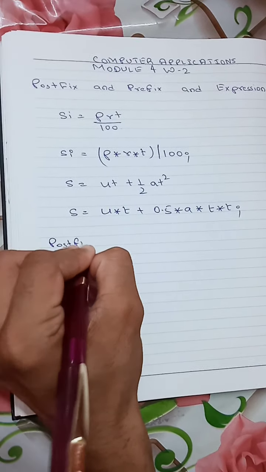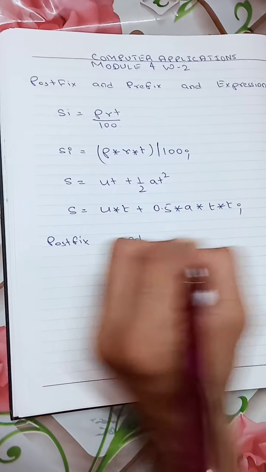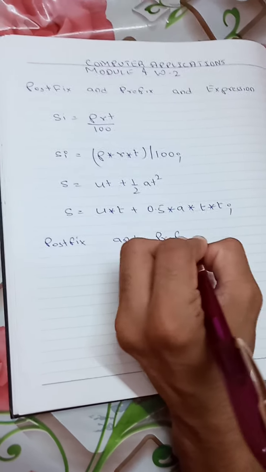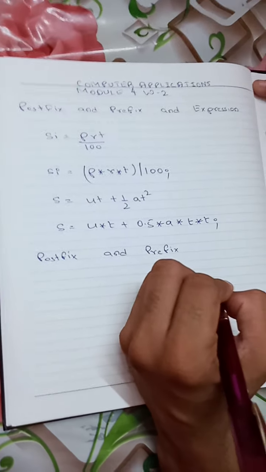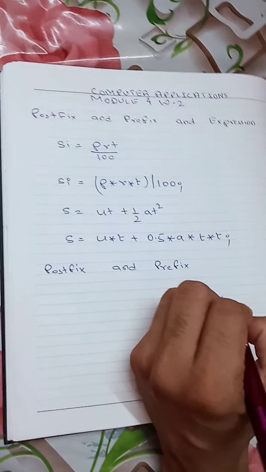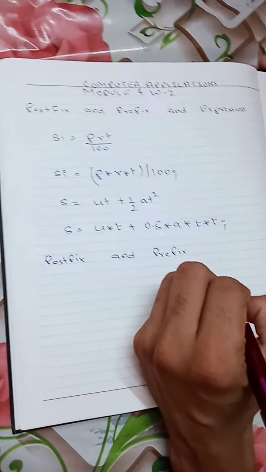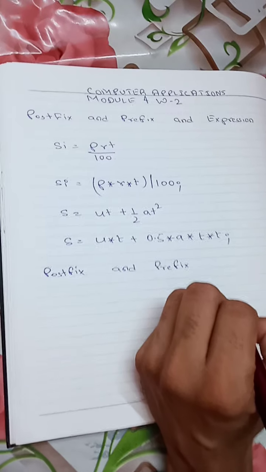Postfix, as we have done last week, under operators we have one category, that is unary operator.